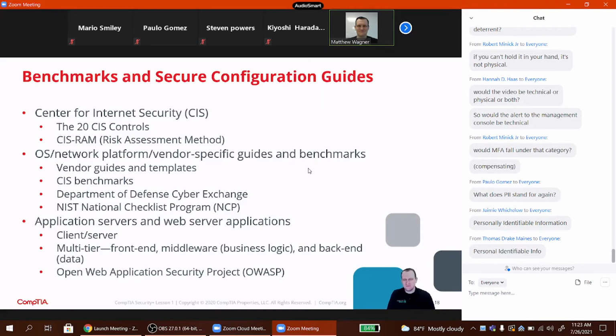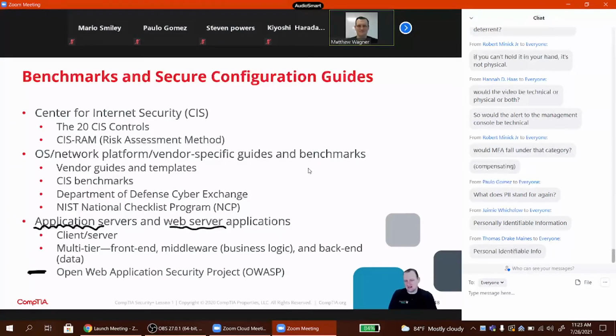And let's face it, most software these days connects over the internet and is thereby in some measure web-based. And one of the main organizations for dealing with web-based software and the security frameworks and benchmarks therein is OWASP. And you've heard me mention them a couple times, the Open Web Application Security Project.